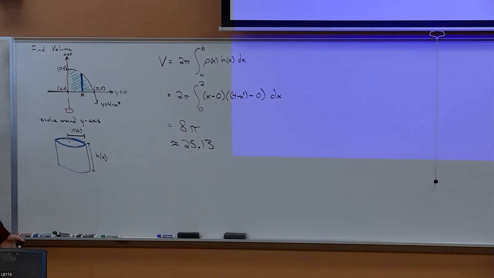Does that make sense? So again, radius is arbitrary value down to the line we're rotating around. Arbitrary x value in this case. And then our height is top of the rectangle to the bottom of the rectangle. We integrate left-hand side of our region over to the right-hand side of our region, since we're integrating with respect to x.